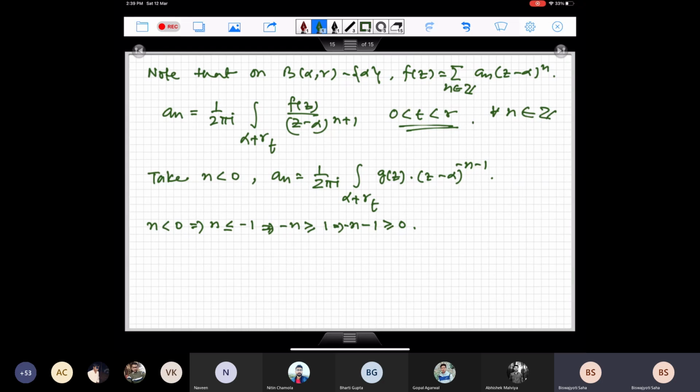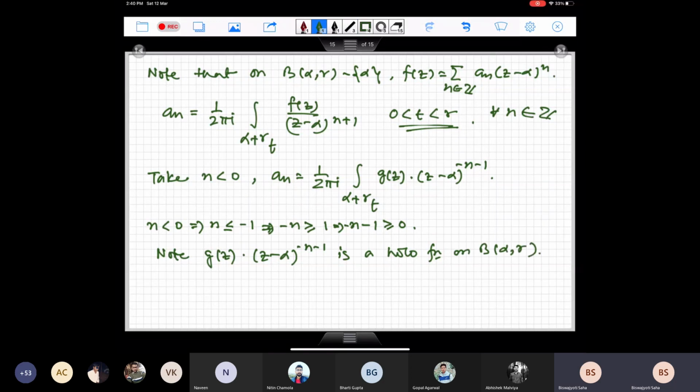Therefore, what do I see? This is actually a holomorphic function, and g was anyway holomorphic. Note that g of z into z minus alpha power minus n minus 1 is a holomorphic function on B(alpha, r).